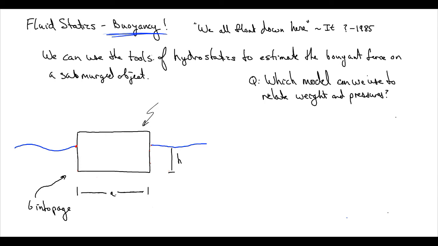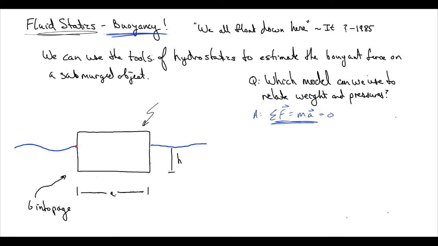We know we're still in fluid statics, but we're going to pick our model to be sum of our forces is equal to mass times acceleration, because it's a great model to start from. And we know fluid statics, so we know this is equal to 0.